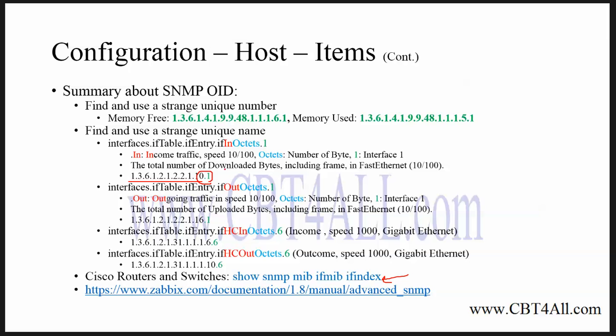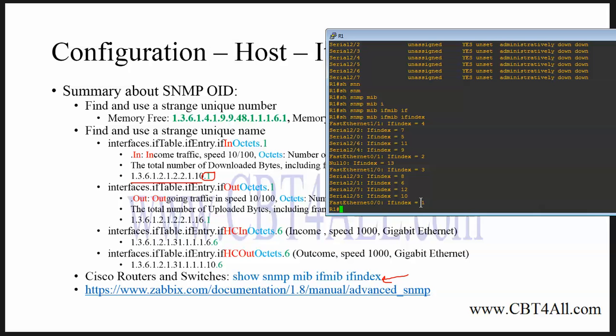It means only 1 means FastEthernet 0/0, because FastEthernet 0/0 has index 1. FastEthernet 1/1, I don't know, is index 4. FastEthernet 2/0 is index 5.